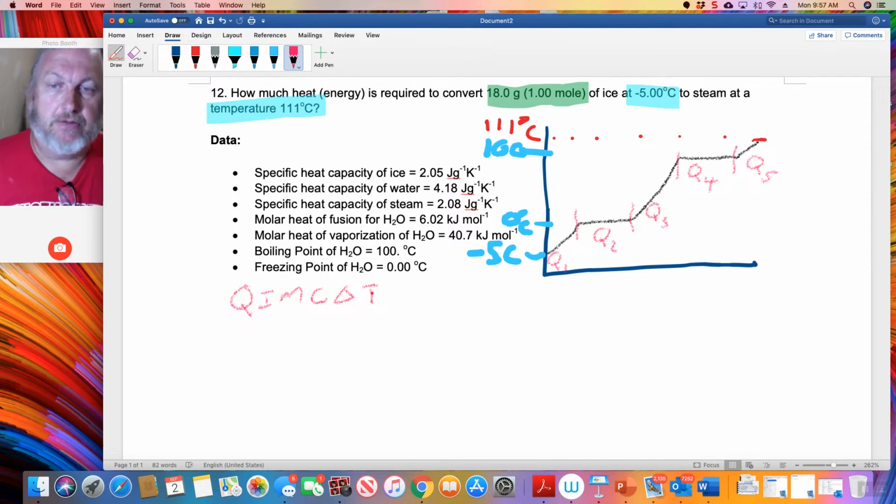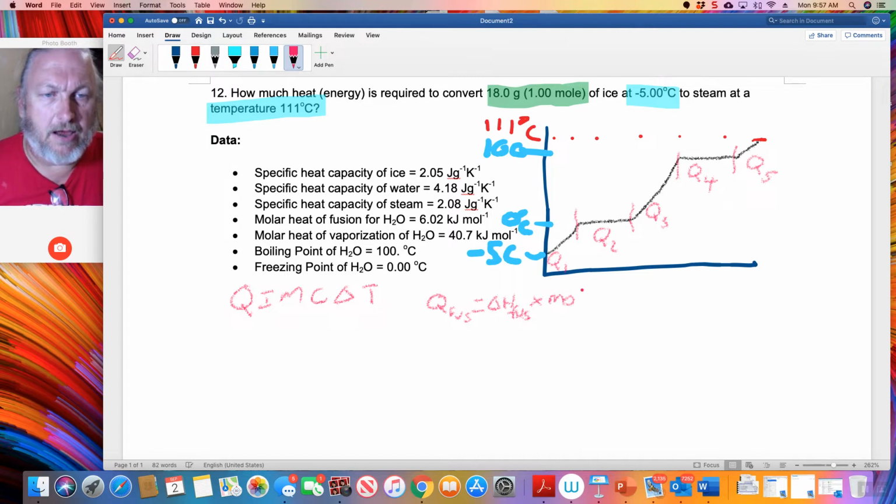We've also studied how to calculate the molar heat of fusion, which is where melting occurs, and that is Q of fusion equals the delta H, which we call the molar heat of fusion, times the number of moles.